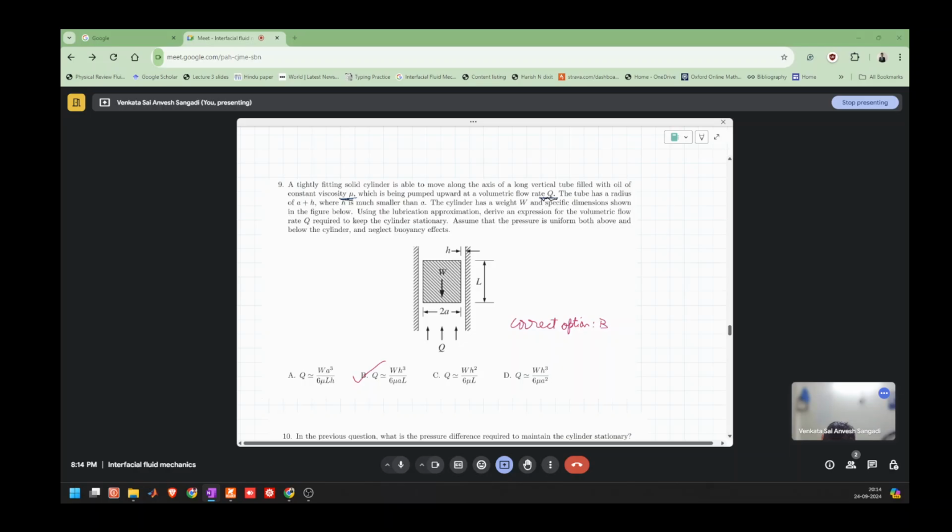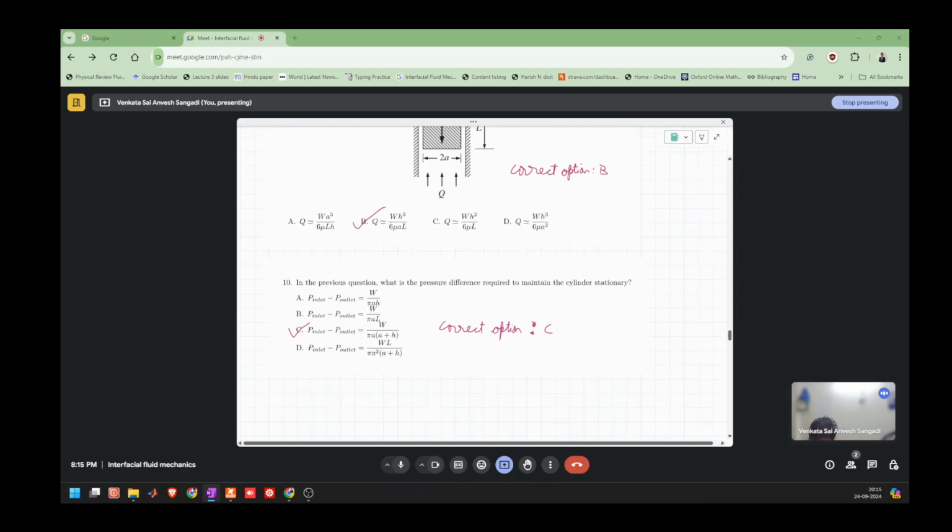The tube has a radius a plus h, where h is much smaller than a. The cylinder has a weight w and specific dimensions shown in the figure below. Using the lubrication approximation, derive an expression for the volumetric flow rate q required to keep the cylinder stationary. Assume that the pressure is uniform both above and below the cylinder, and neglect buoyancy effects.